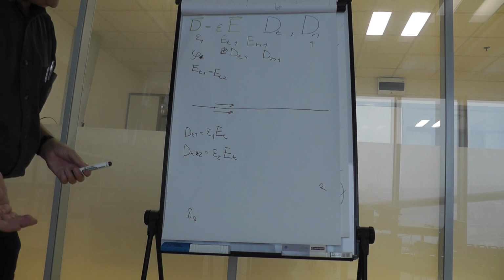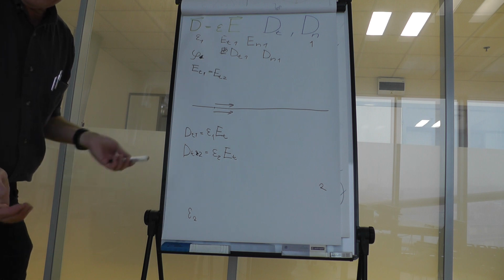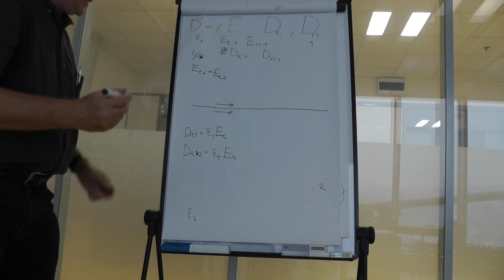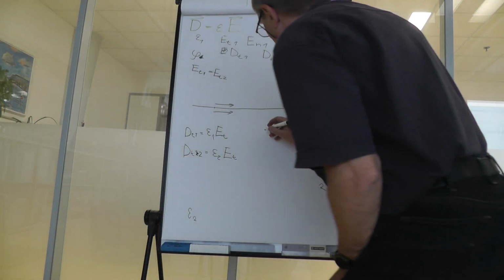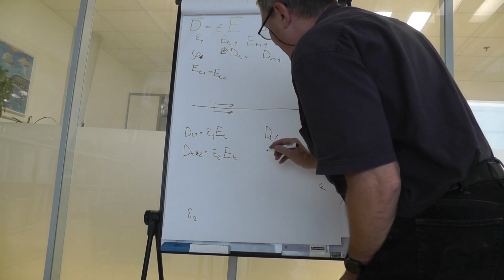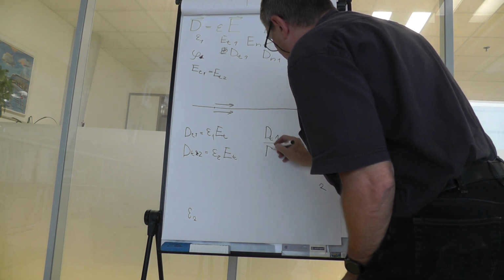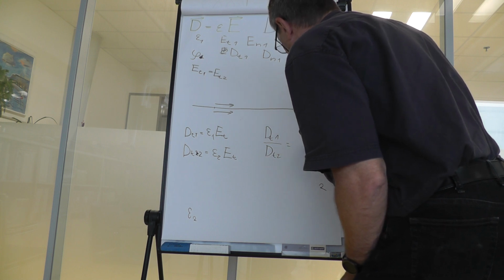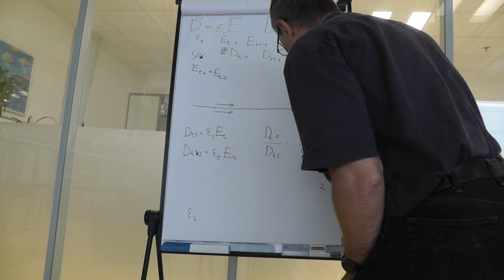So now what we may do is divide those two equations because they are non-zero, and we get D tangential 1 over D tangential 2 is epsilon 1 over epsilon 2.